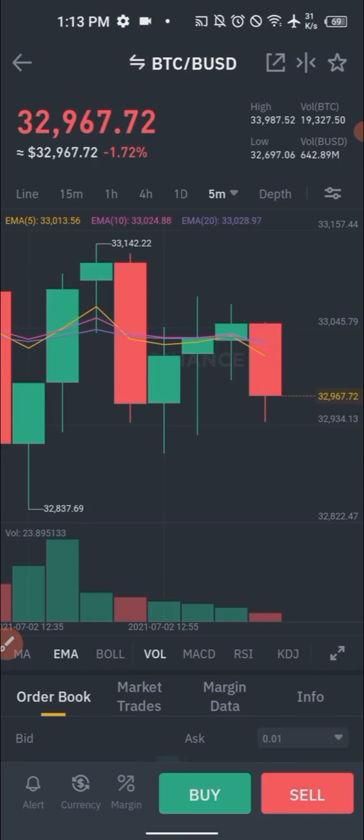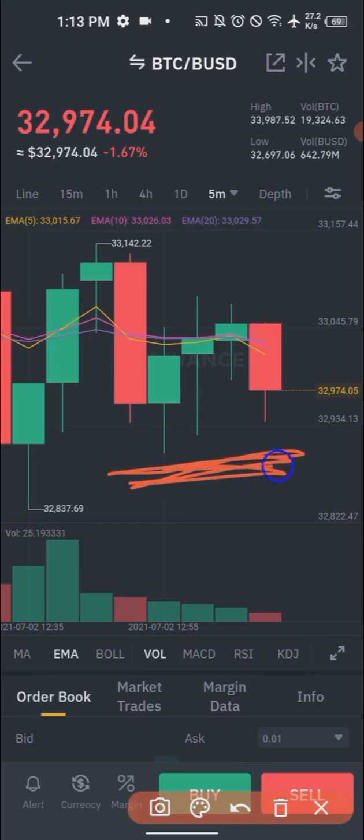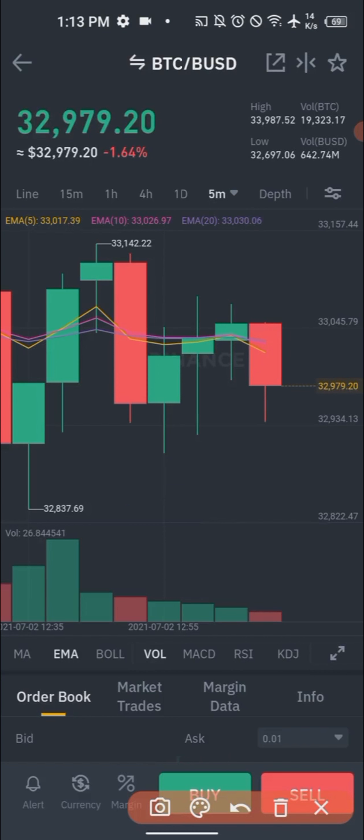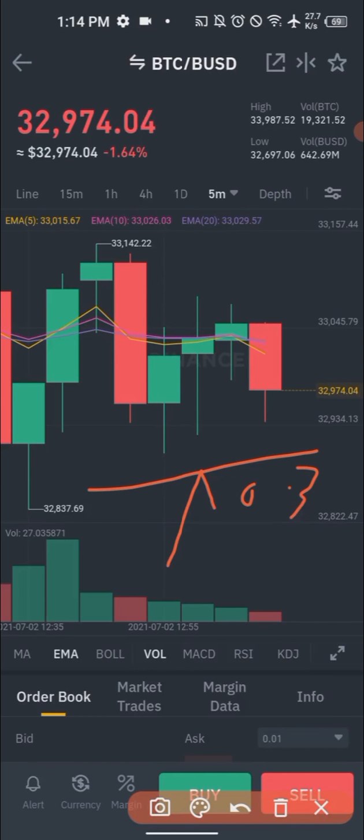Now, let us say I've told the bot, hey bot, this is the 1.3% profit, right? This is where the 1.3% is, for example. And once you reach here, I want you to take profits. But the way the market is going up and down, it might touch this, which will trigger the bot to take profits. But before the bot takes profits, the price has come down. So what I'm now telling the bot is, hey, I know I told you to take profit here, but once you have been triggered to this point, even if the price comes down, if it's still within a 0.3 gap, I still want you to take profit.